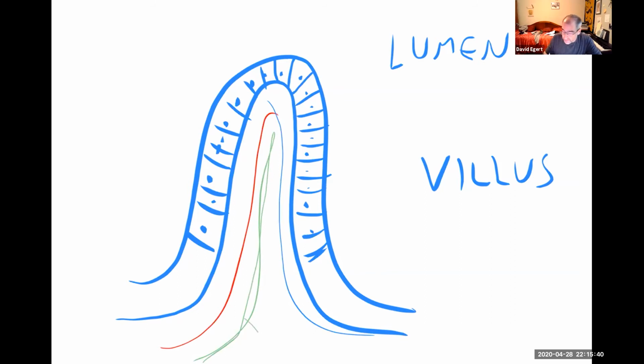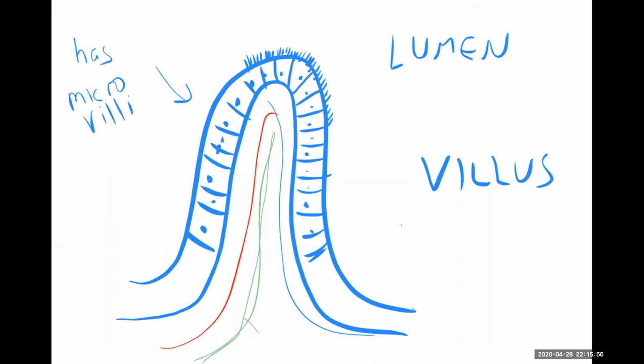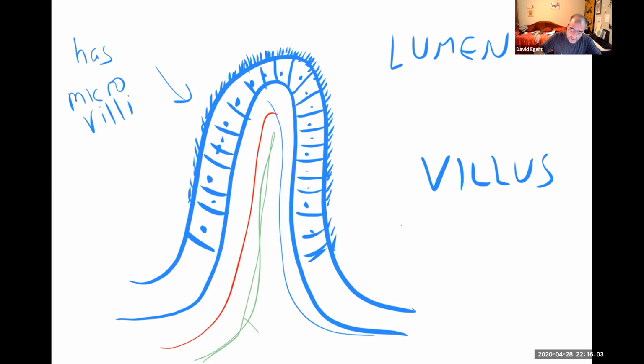And these typically have microvilli, which you don't actually see as individual villi because they're too small. So instead they just look kind of like this indistinct fuzziness. Sometimes they call it the brush border.